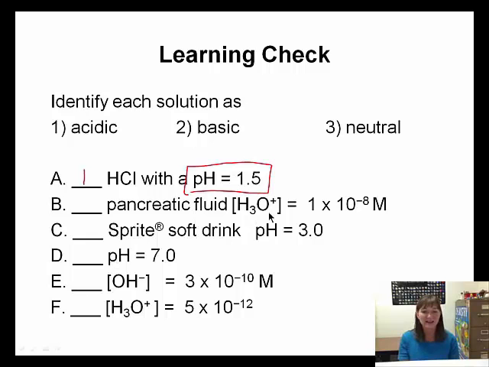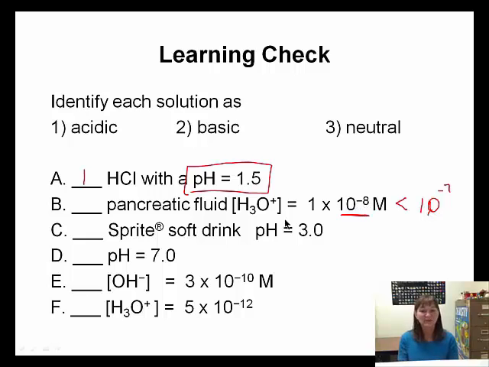Pancreatic fluid has a hydronium concentration of 10 to the negative 8. Now here's where you have to think about that neutral point of 10 to the negative 7. Is 10 to the negative 8 bigger or smaller than 10 to the negative 7? Hopefully you're telling me that 10 to the negative 8 is smaller than 10 to the negative 7 because the exponent is more negative.